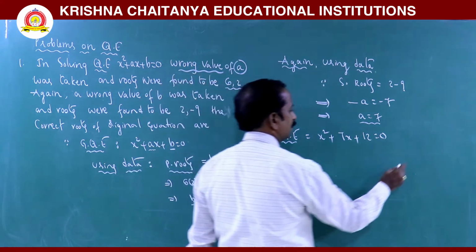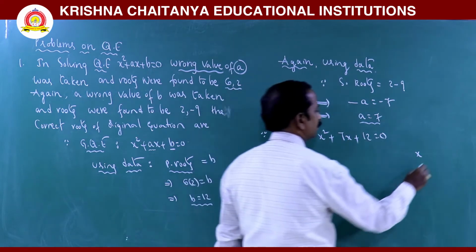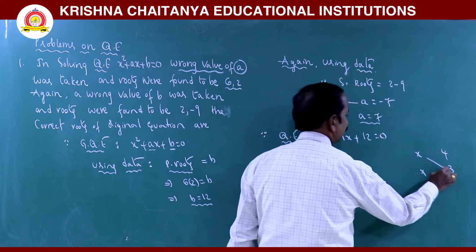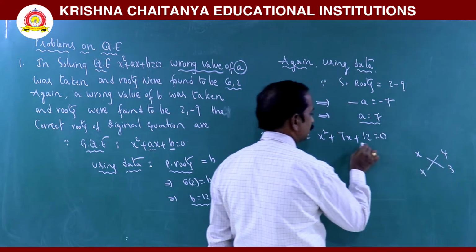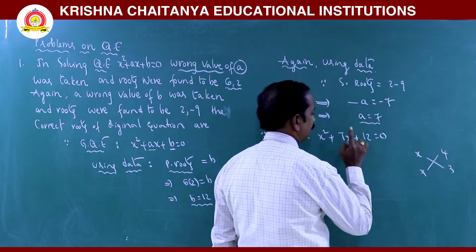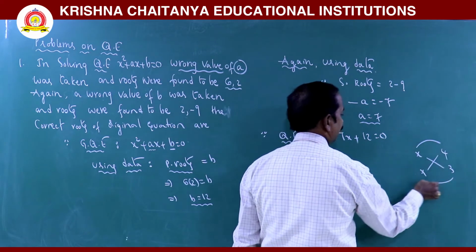So, x square can be written as x into x. 12 can be written as 4 into 3. Now, cross multiply and their sum should equal the middle term: 3x plus 4x is 7x. So, if it is correct, these are the factors.